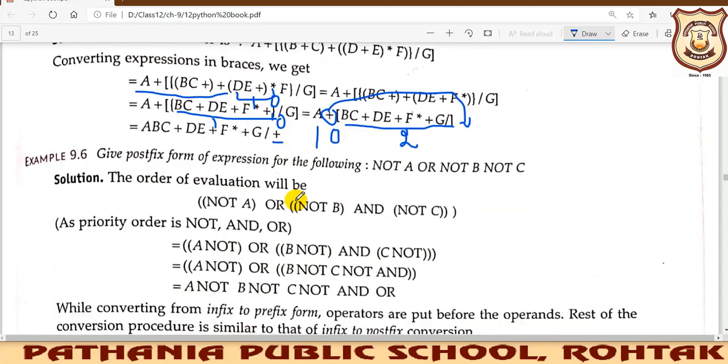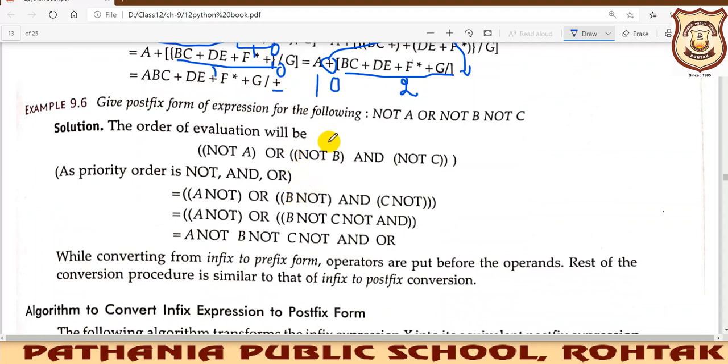So beta, next and last question for today's session is this. Actually not is an operator. How are we writing not? If not means to negate, to make inverse. So if I say not A, and I have given A is 1, then not A will make A as 0.